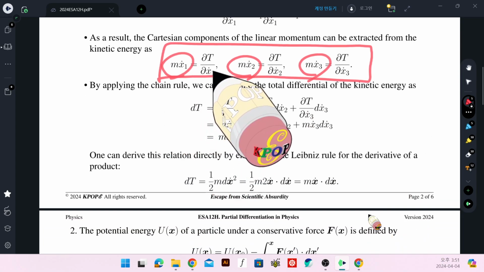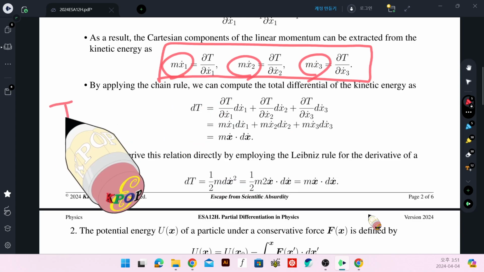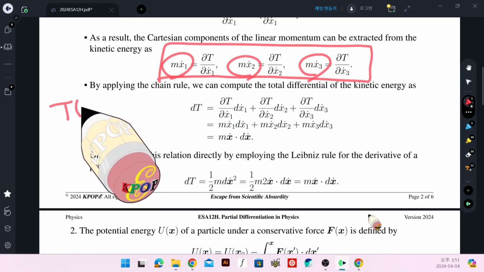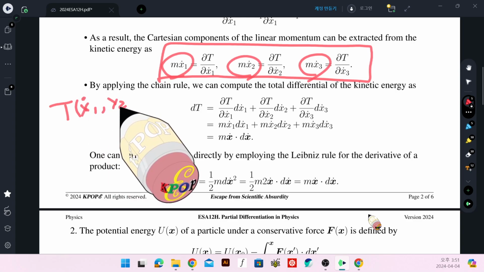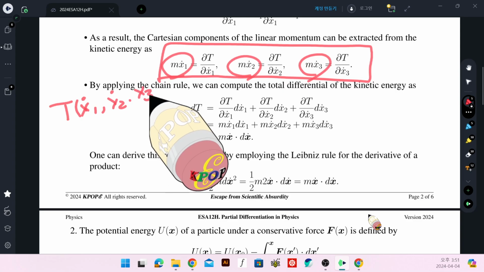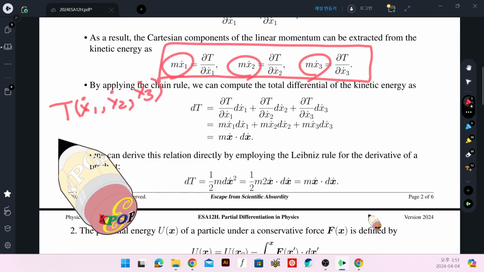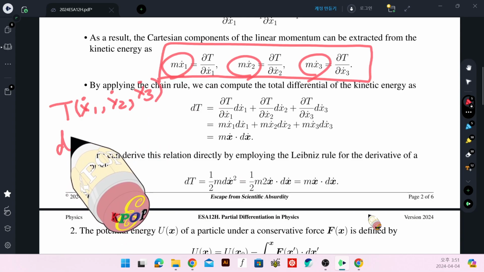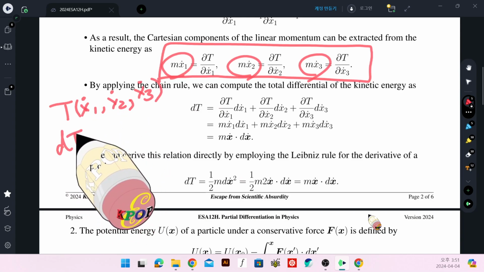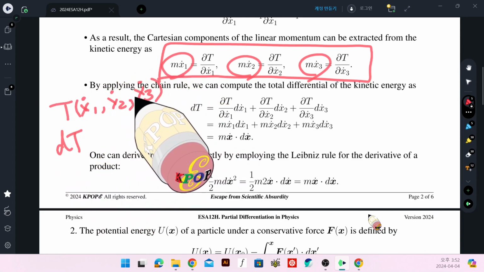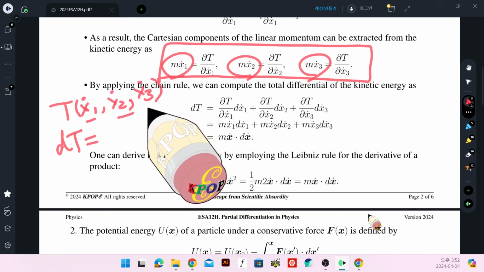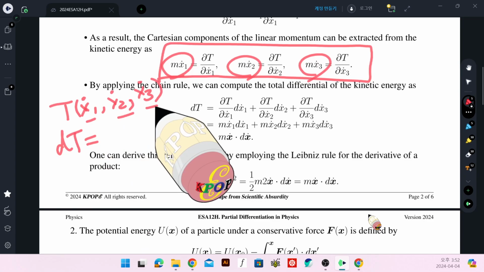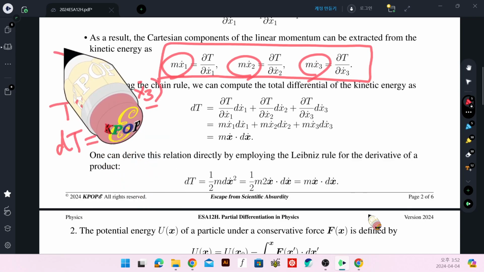we know this kinetic energy is a function of x1 dot, x2 dot, and x3 dot. I'd like to know the total differential. What happens to this function when all of the variables are varied from an original value to another?